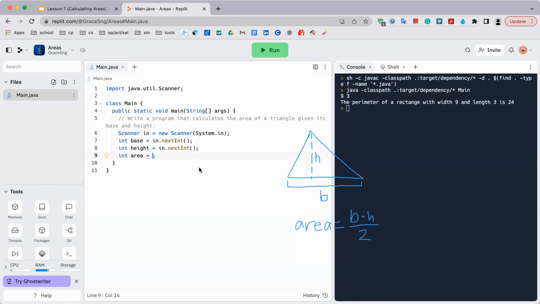All right, were you able to get it? So let's go over this expression together. So here we just want the base times height divided by 2. Here we got to be really careful to keep the product of the base and height in parentheses.